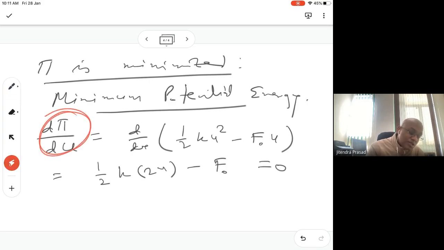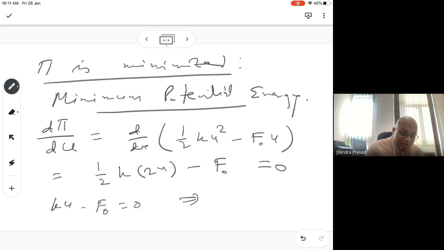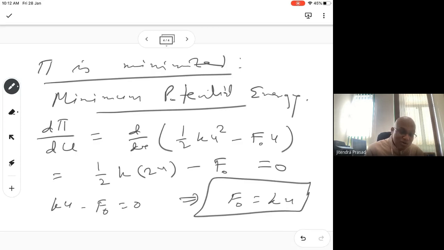Because this is minimized, so that will be equal to 0. And hence you get k u minus F naught equal to 0, or F naught equal to k u. So you get this equation, and you know that F naught equal to k u is the actual answer, or u you can find from here: u will be equal to F naught over k. So this is an example of how it works.